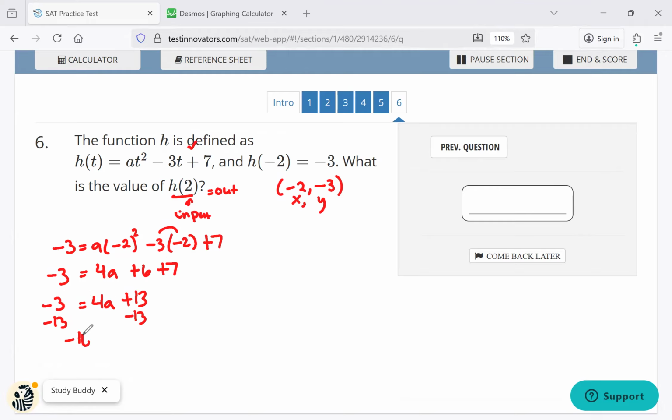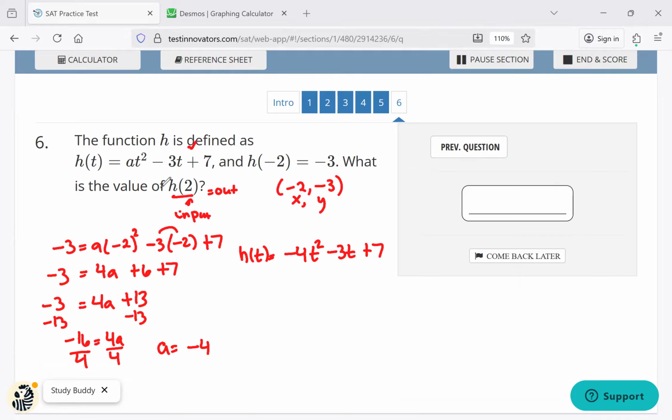That's negative 16 equals 4a. Divide by 4. a is negative 16 over 4, which is negative 4. So my h of t is, with a equal to negative 4, negative 4t squared minus 3t plus 7.